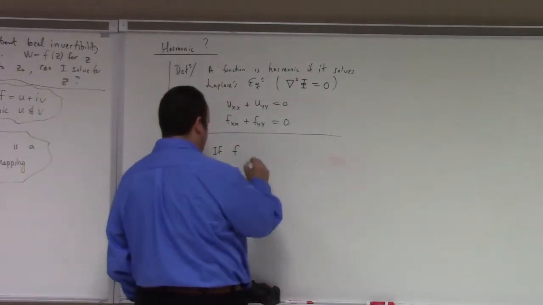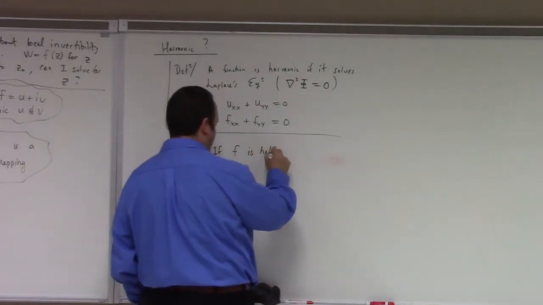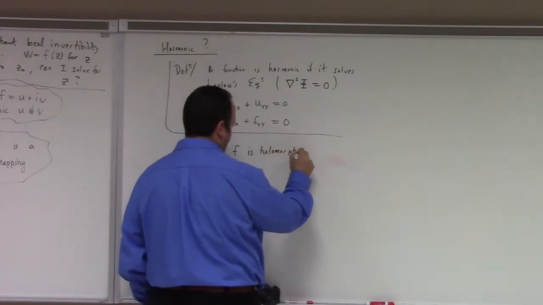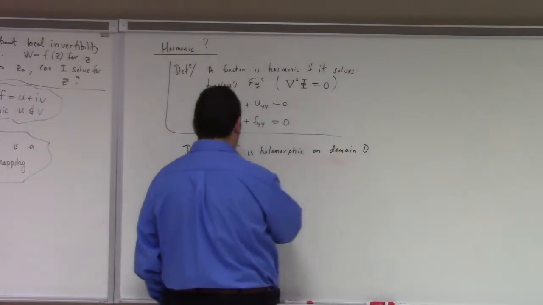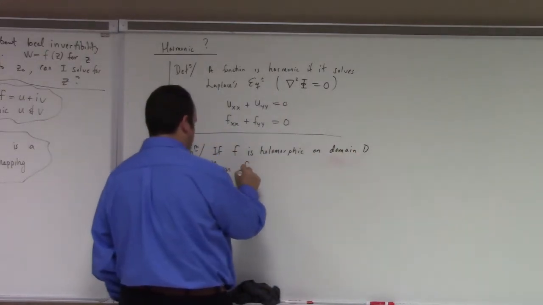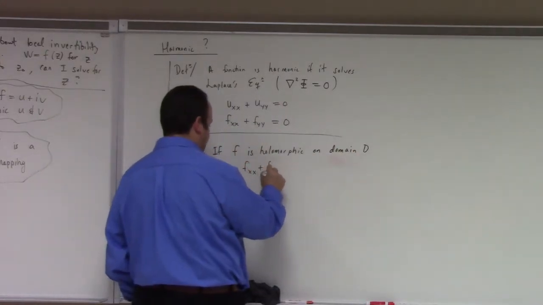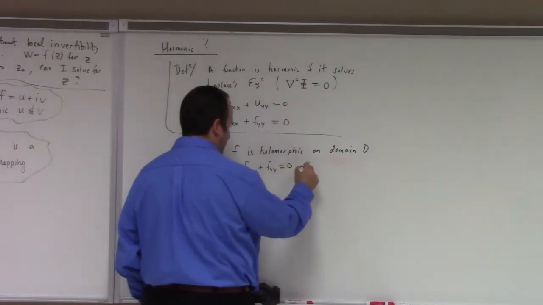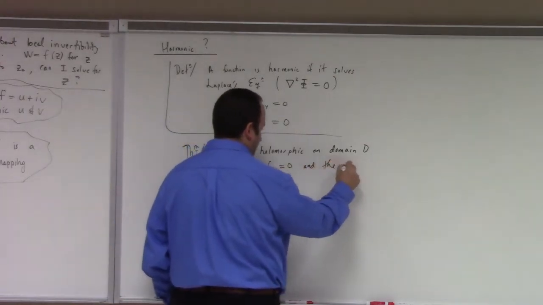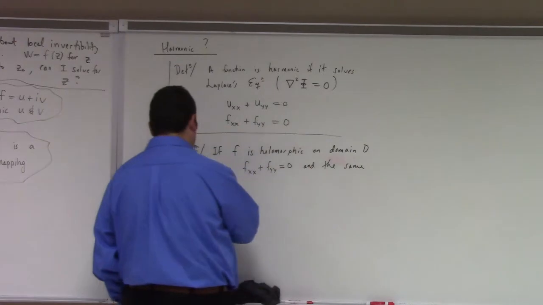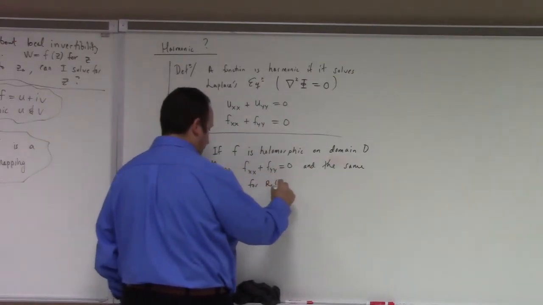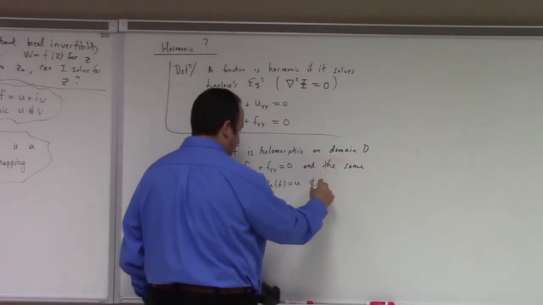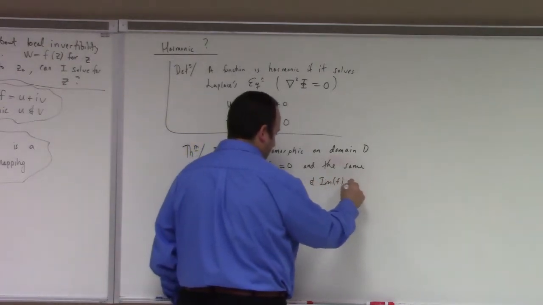If f is holomorphic on domain D, then f_xx plus f_yy equals 0, and the same is true for the real part of f, which we call u usually, and the imaginary part of f, which we typically call v.